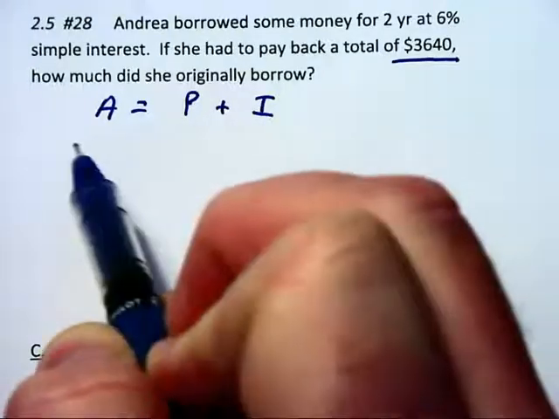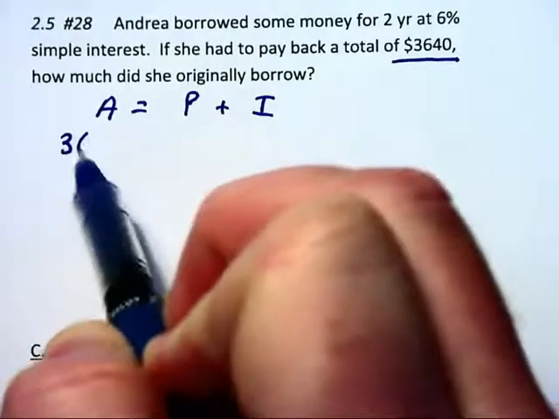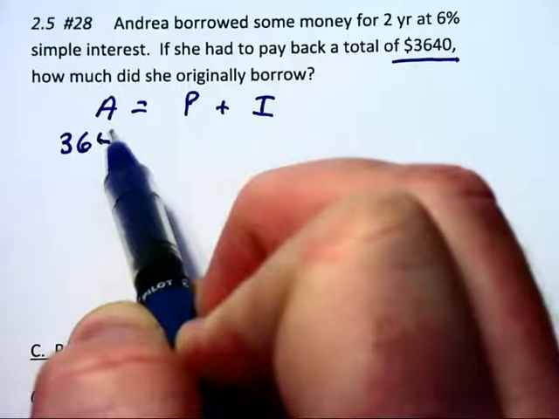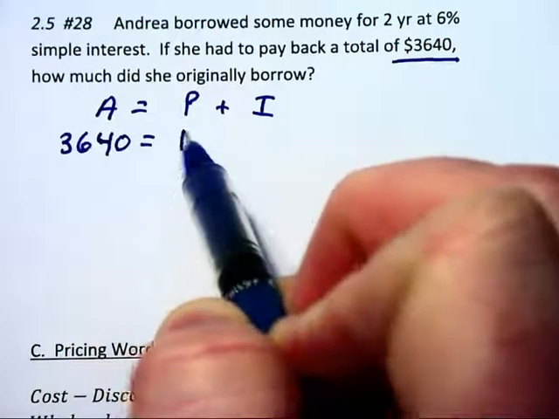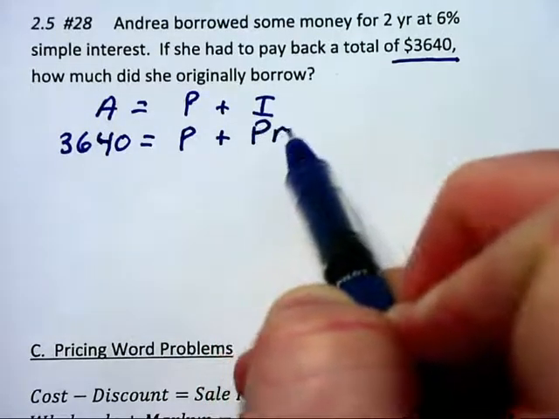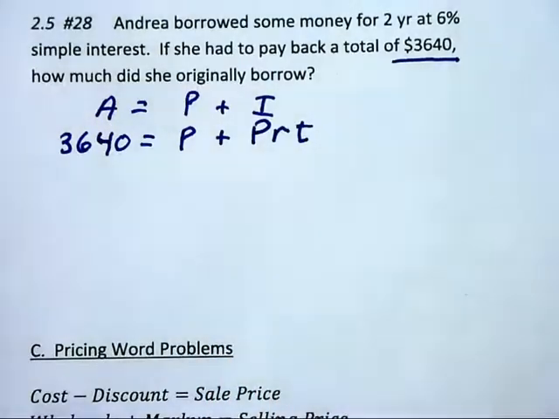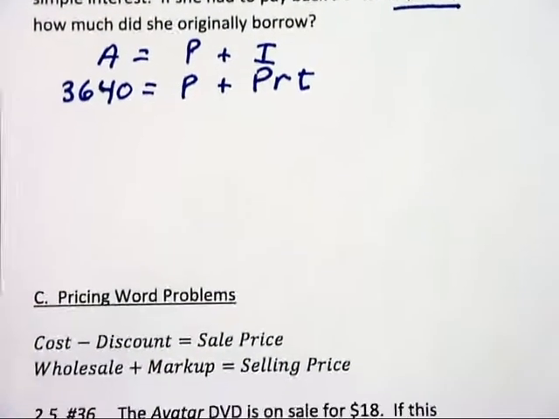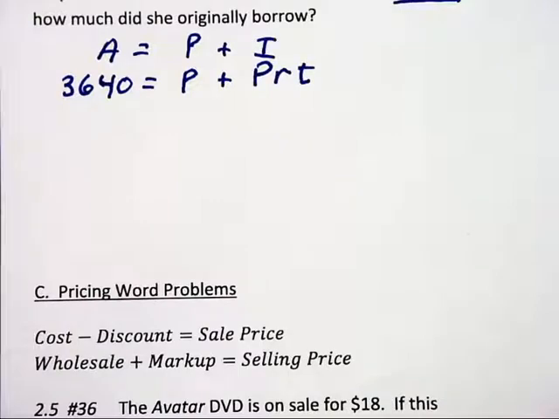And $3,640 is equal to the principal, which we don't know, plus the interest, which is P times R times T, the principal times the rate times the time. How much did she borrow? That's the principal that we're solving for. So this is our equation we're going to work with.